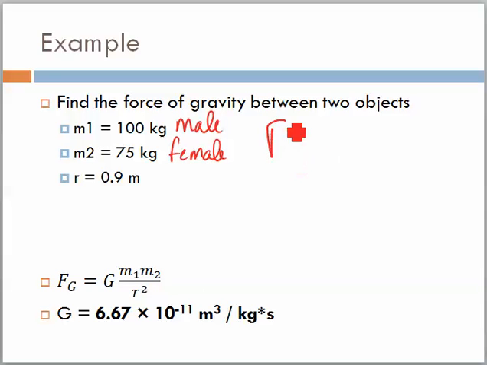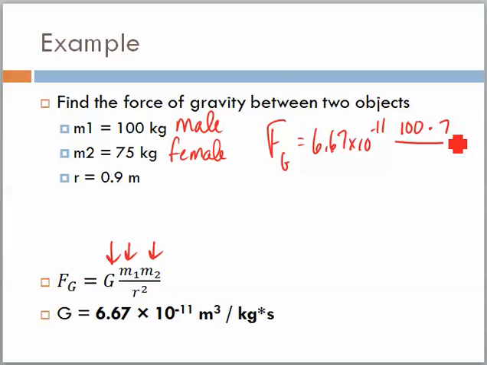We would find the force between them by taking 6.67 times 10 to the negative 11th. That goes in for G. I'm now going to put in mass 1, which is 100, and mass 2, which is 75. And the radius squared, or let's say the distance between them. They're sitting in two seats that are 0.9 meters apart.